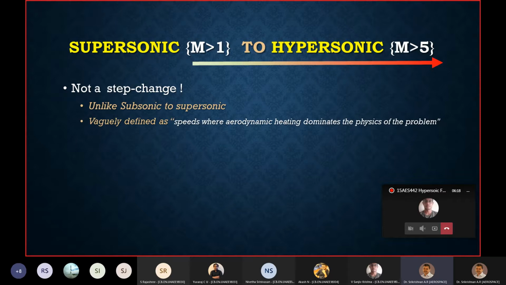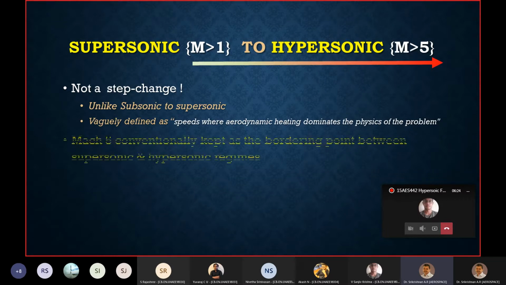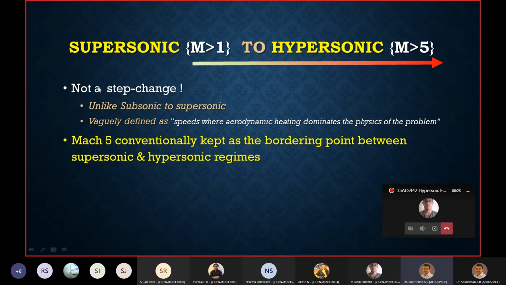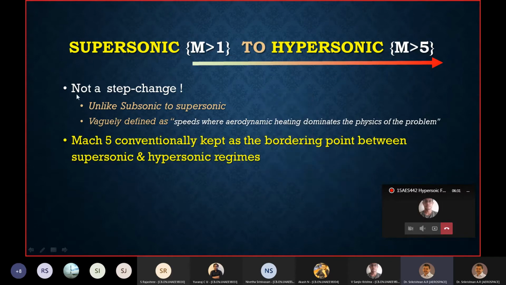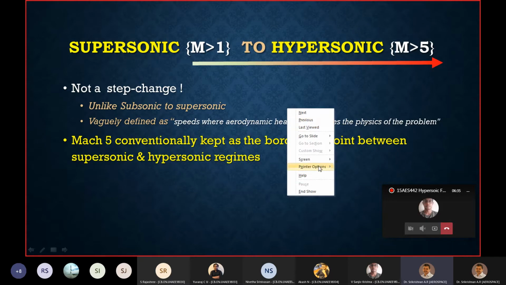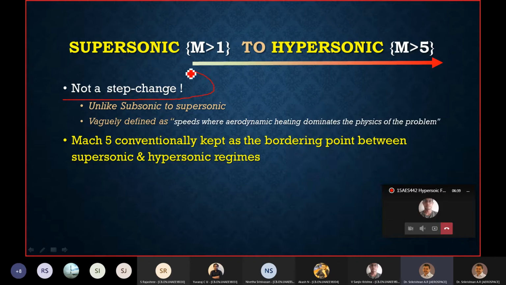Whereas Mach 5 is a convenient categorization, so nothing dramatic happens. That's what I mean in the slide by no step change: there is no immediate change in the flow physics, but there is a gradual transition of various flow parameters. So that's about the borderline of Mach 5.